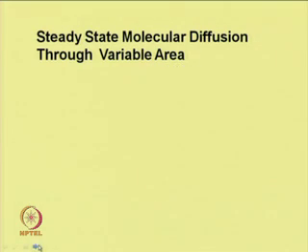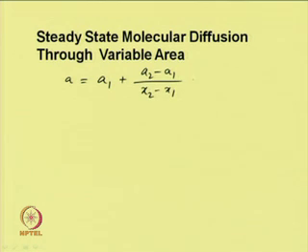So, we can have the relation A will be A1 at point 1 plus (A2 minus A1) by (x2 minus x1) into (x minus x1). So, this is the relation of how A is changing with x for the equilateral triangular shape.